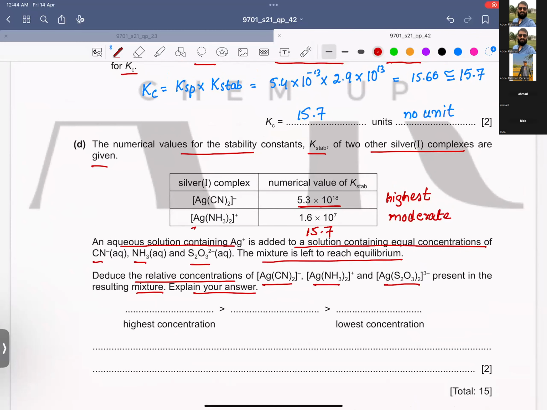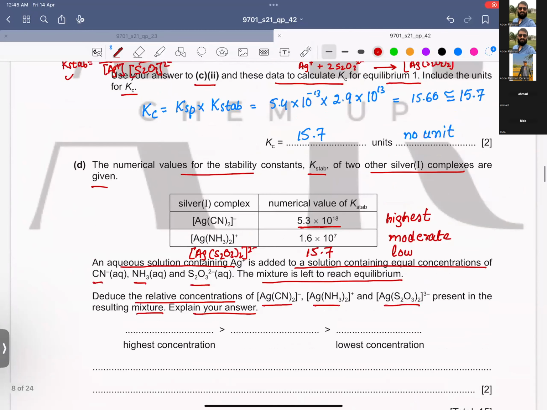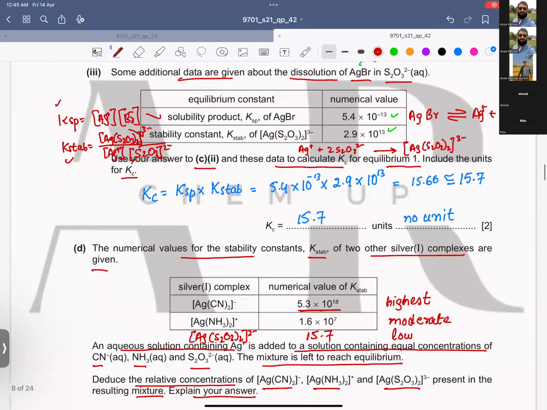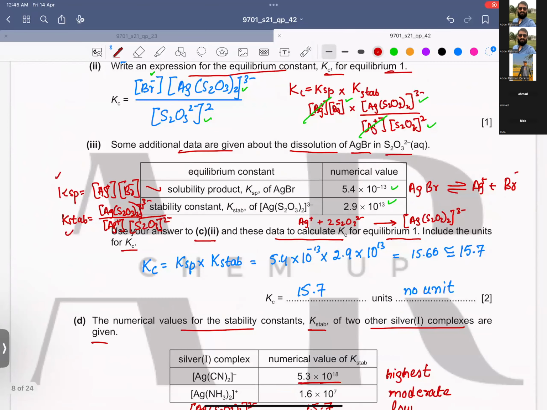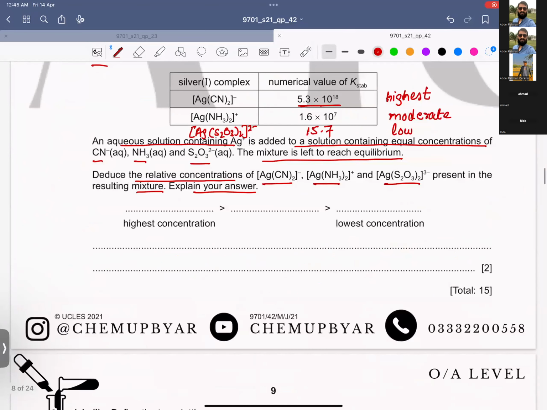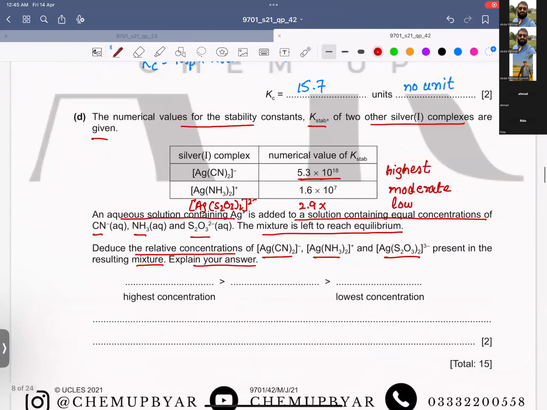Yes, that is S2O3. This is the value of Kc. So K step is 2.9 exponent 13. Let me write it over here. 2.9 exponent 13. Okay, thank you, Ahmed.